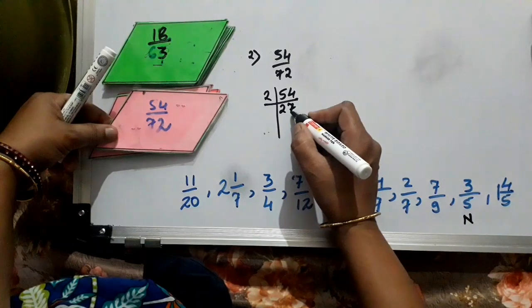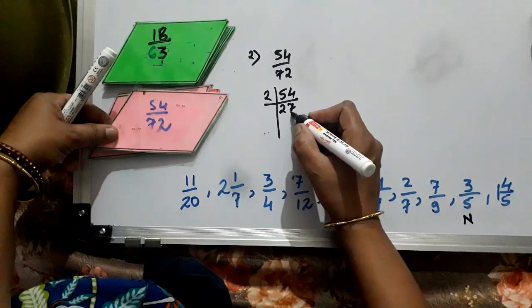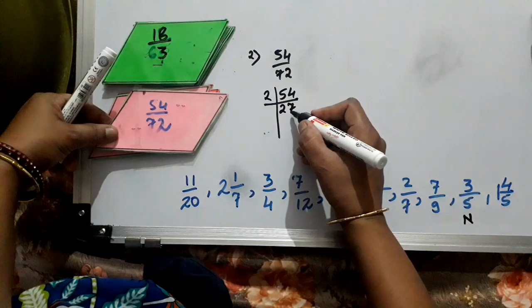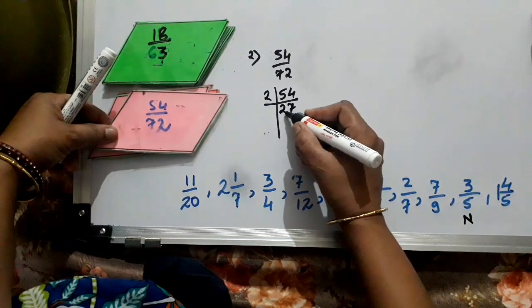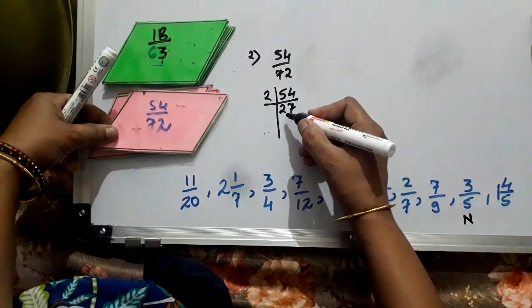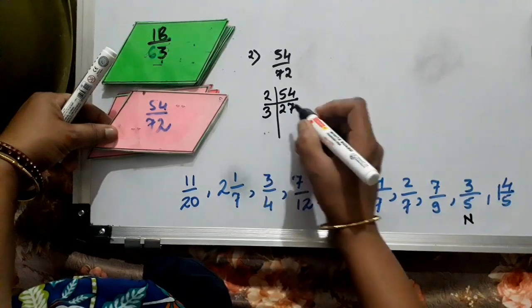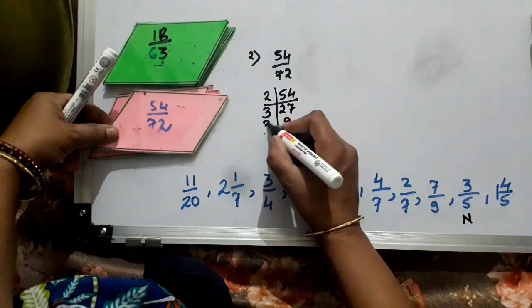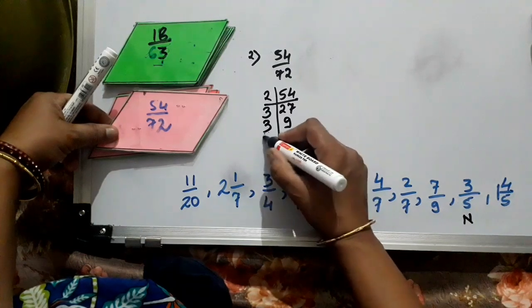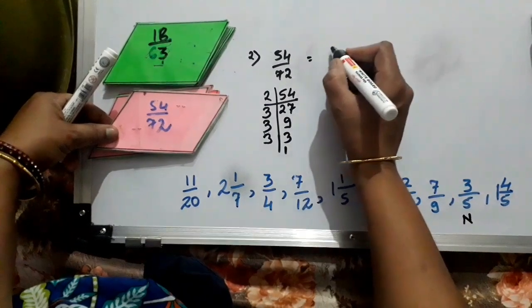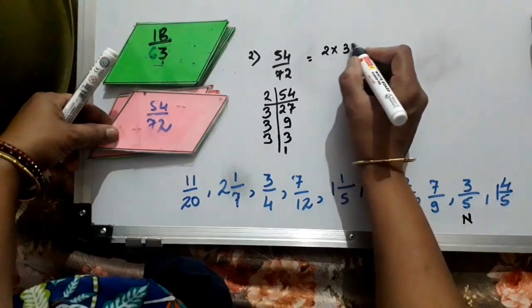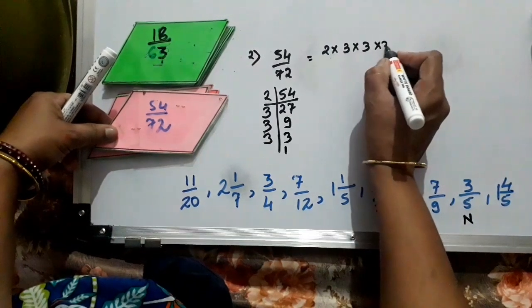Now the number is not divisible by 2. It's divisible by 3 because 7 plus 2 is 9 and 9 is divisible by 3. So we will divide it by 3. 3 9s are 27, 3 3s are 9, 3 1s are 3. So for 54, you can write 2 into 3 into 3 into 3.